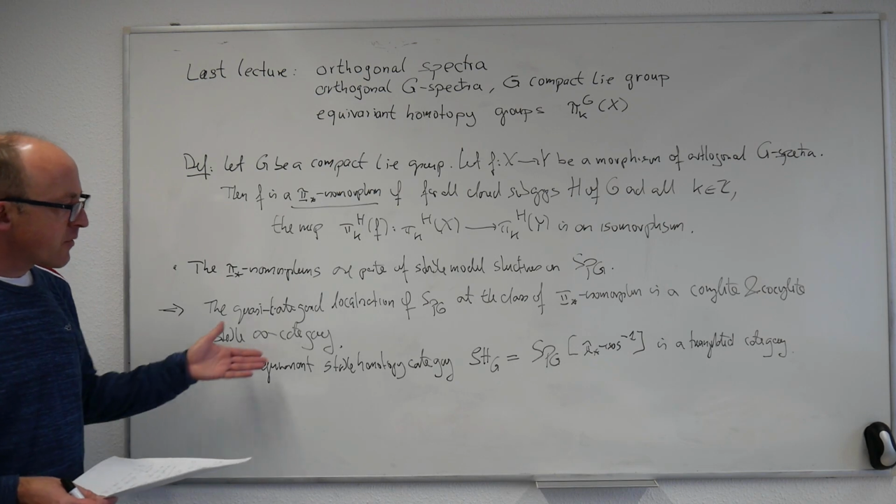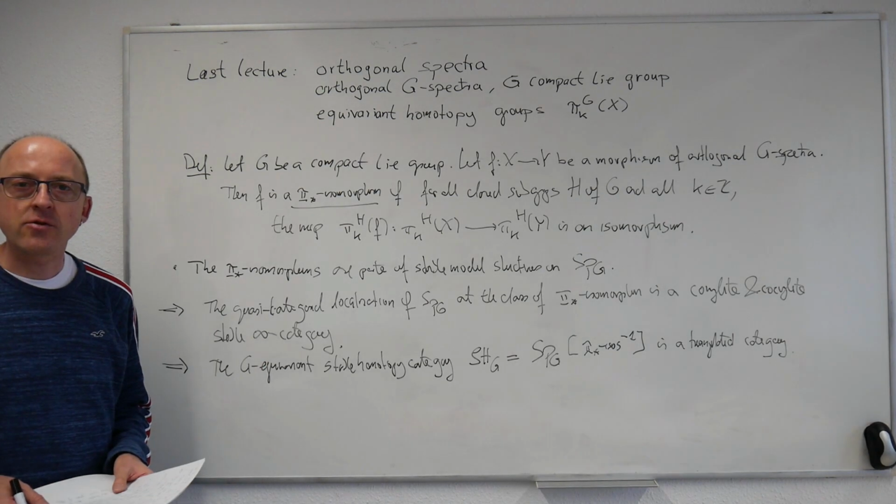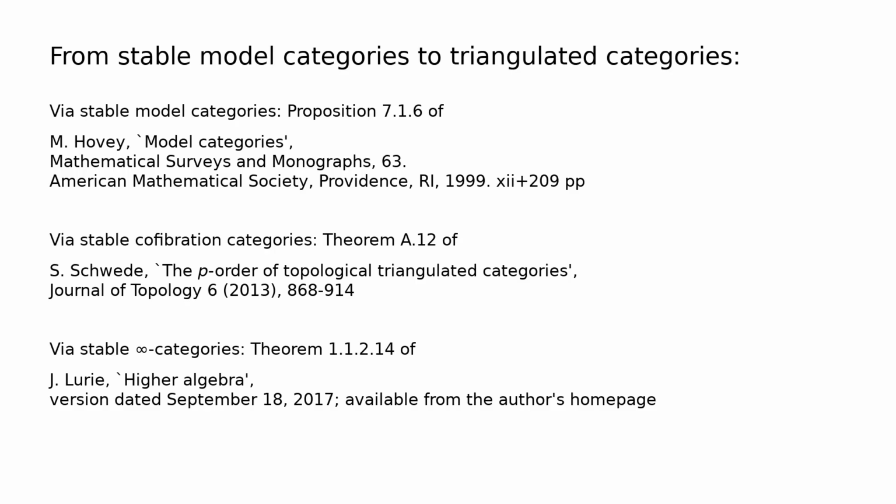So again, I'll give you three possible references in case you don't know how to prove this. One is Hovey's book on model categories. Another one is a research paper of my own where I do this a little bit more generally with stable co-fibration categories as opposed to stable model structures. And there's also a reference to Lurie's Higher Algebra, where this is done for stable infinity categories, where he proves that you get a triangulated structure on the homotopy category.